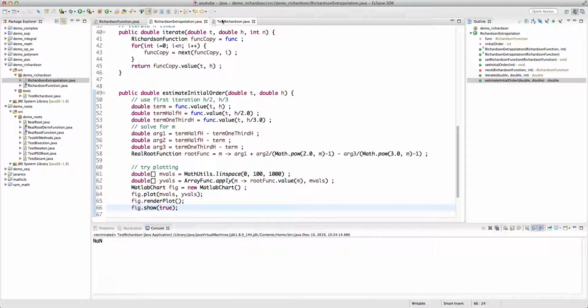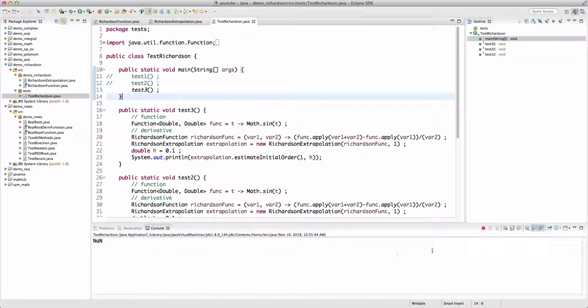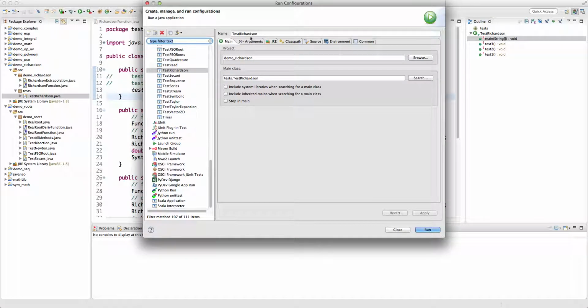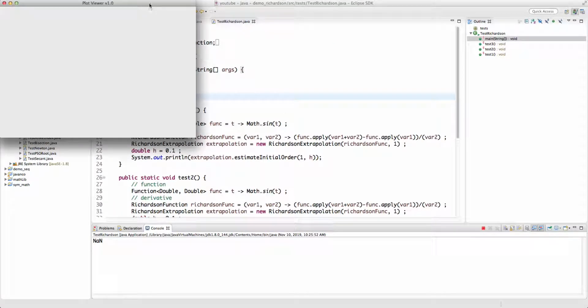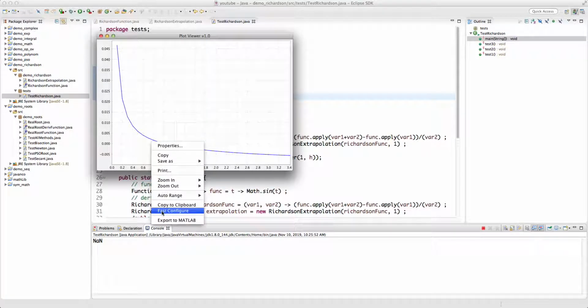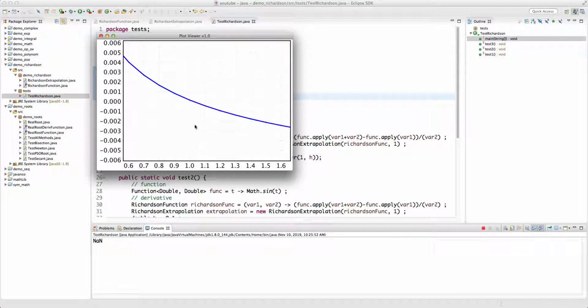Alright, so let's see what happens here. And because I'm running this on Mac, I have to remove this check. Okay, so the function does in fact cross the 0 at exactly 1, right?